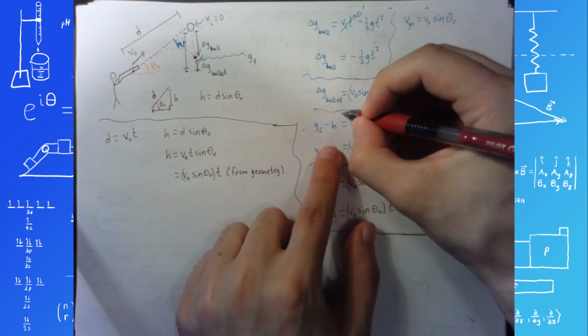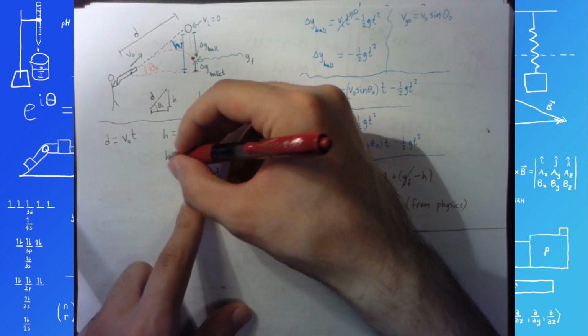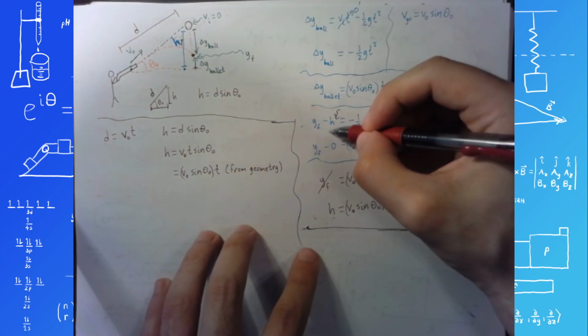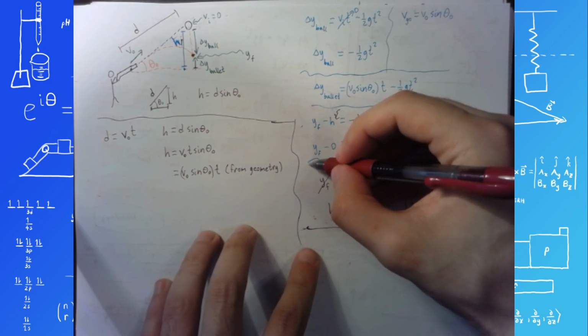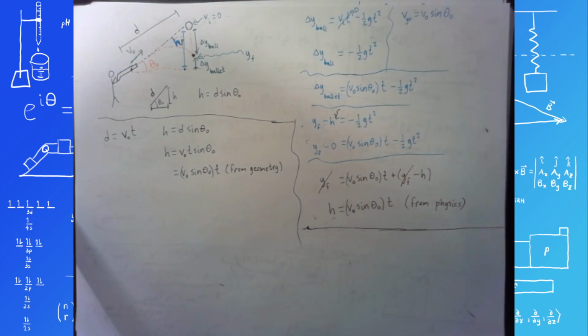You could go back to here and take this conclusion that h is equal to v0 sine theta 0 times t and plug it in here, and then add this over to the right-hand side to show that you get the same y final between these two equations. And yeah, you would end up with the bullet and the ball at the same height at the same time.